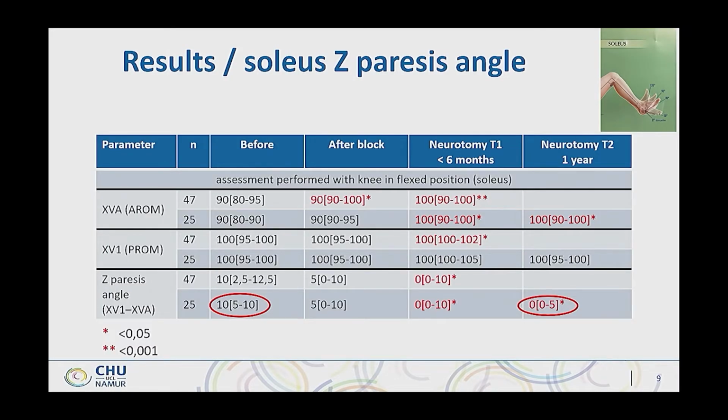So it was 10 degrees before, slightly improved after block, but also after neurotomy at 6 months, and also after neurotomy at 1 year. So statistical improvement in paresis ankle when the knee is positioned in flexed position, assessing soleus, and we know that all our patients benefit from soleus neurotomy.